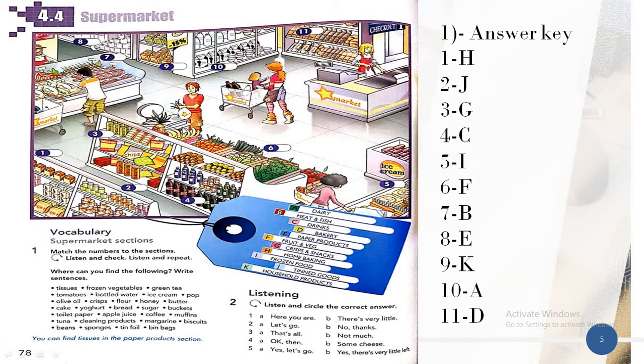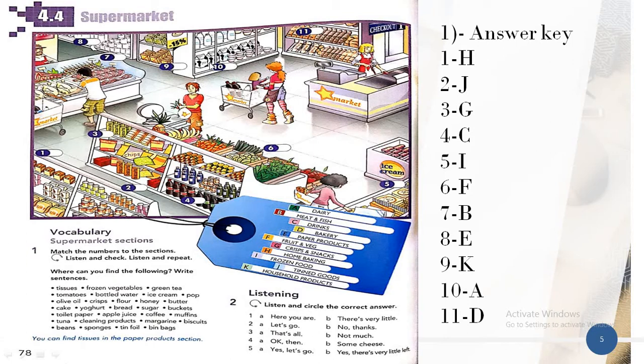Yes, look, fruits and veg. 7. Look at 7. It's easy. B. Okay, it's meat and fish. 8. What is 8? It's E. Okay, paper products. Now we have 9. It's K, which is household products.